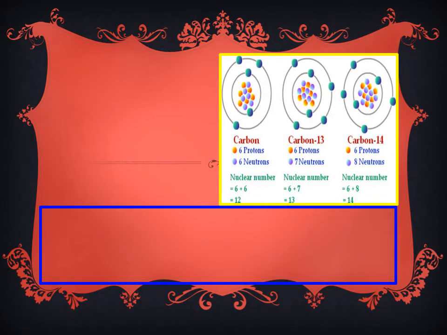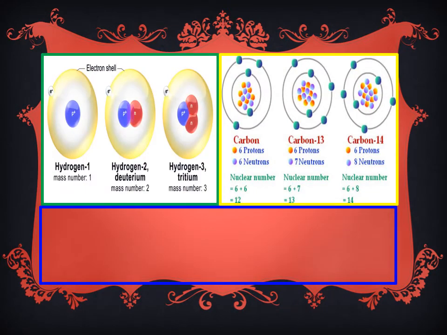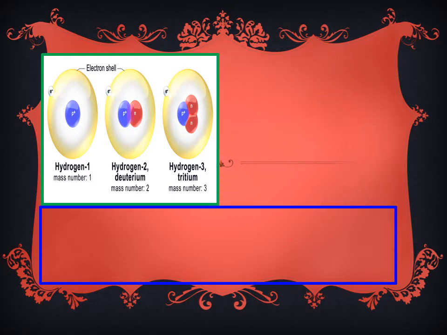Now look at the screen. There are two pictures of the isotopes of hydrogen and carbon. Now the hydrogen.